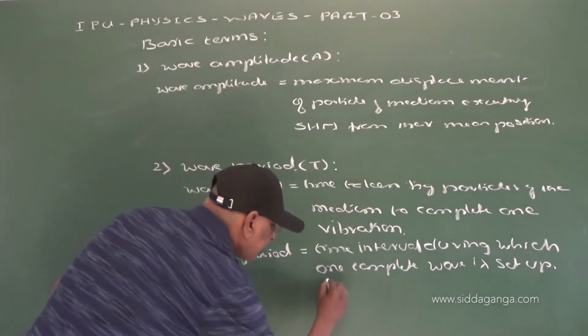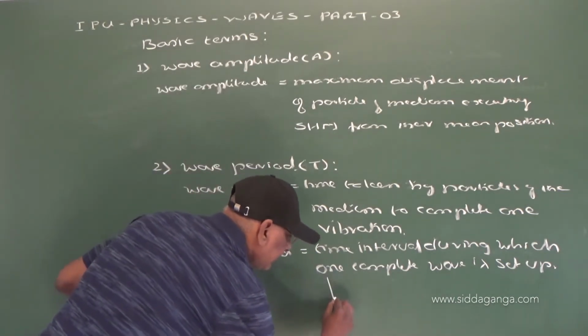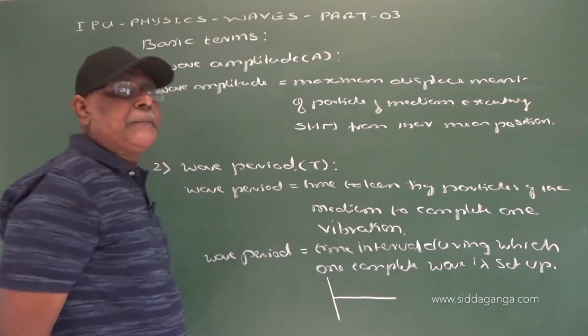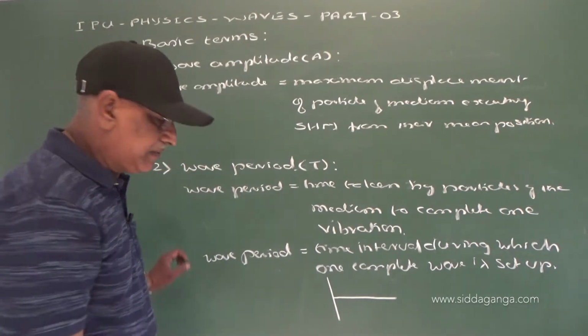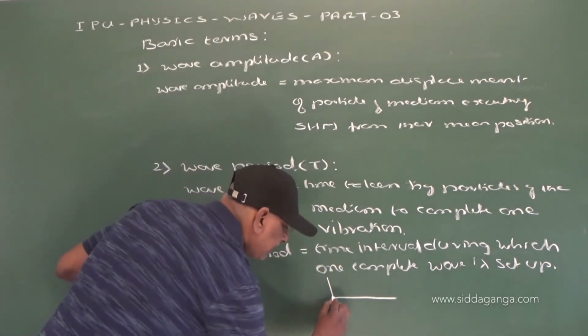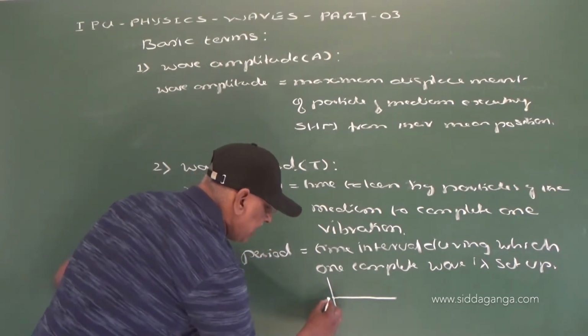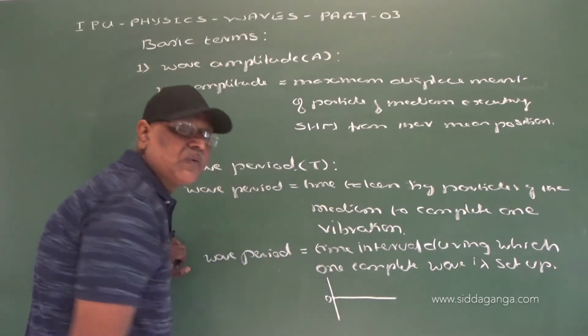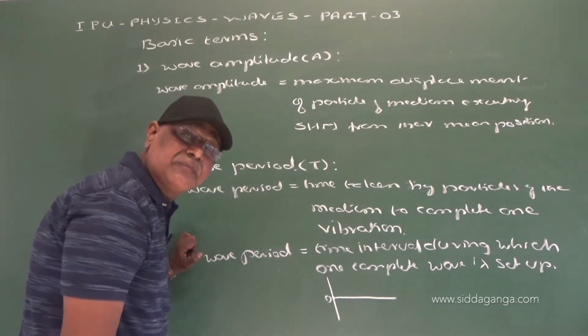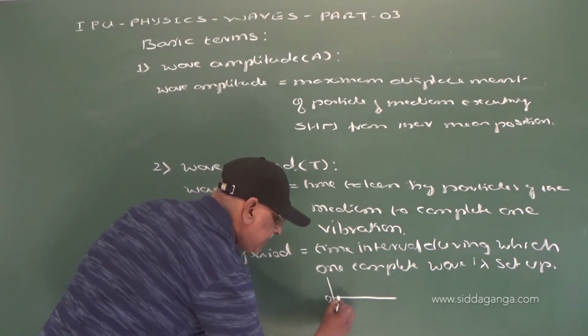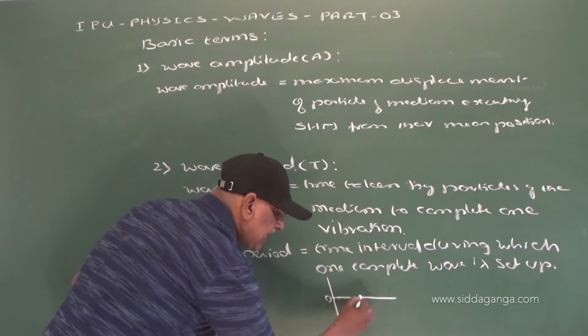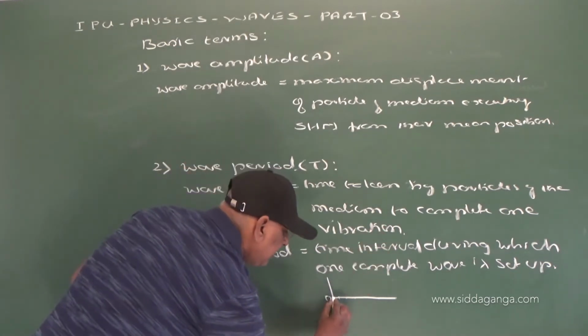That means here, when we are having a transverse wave, the first particle, say at O, starts vibrating under the action of the deformation force. Now the vibration is transferred to the next particle, and so on.